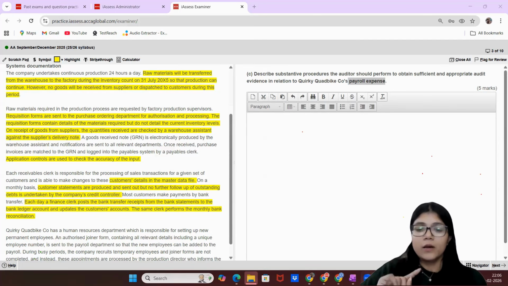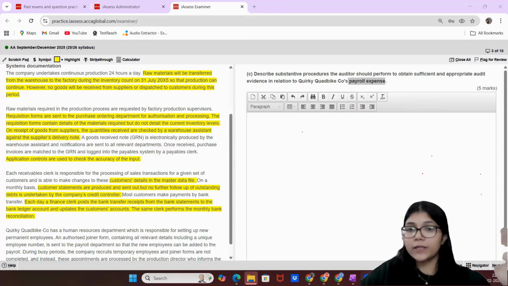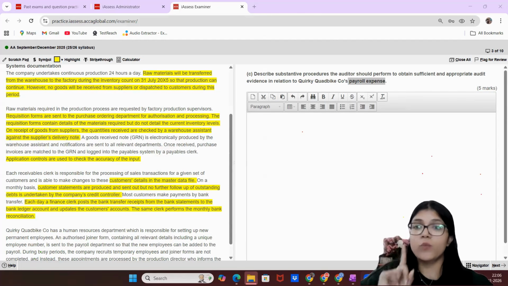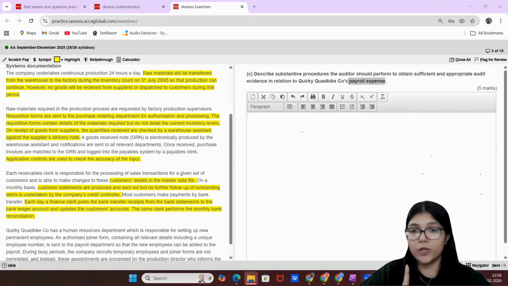But just one tip I would want to give you is substantive procedures are going to account for 20 to 25% of your entire paper. If you're learning substantive procedures by heart and you ignore the case study altogether and you just write whatever you have rote learned, just vomit your rote learned procedures into the answers, out of these five, only 1 mark potentially will be given to you.